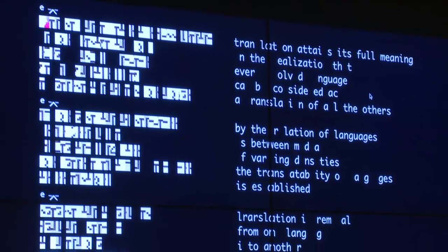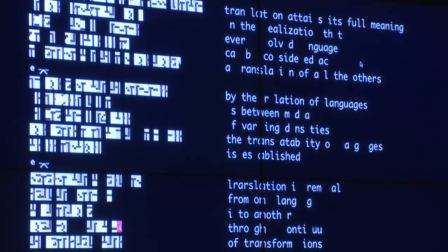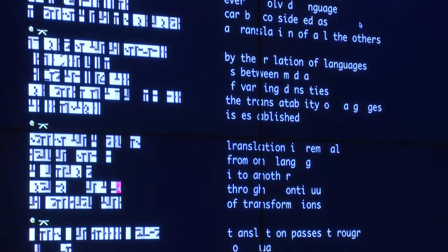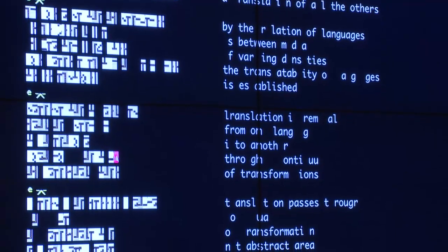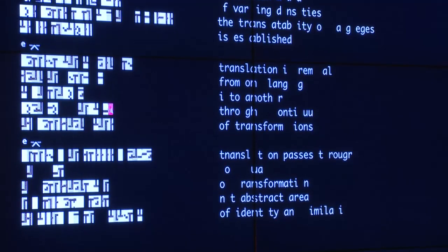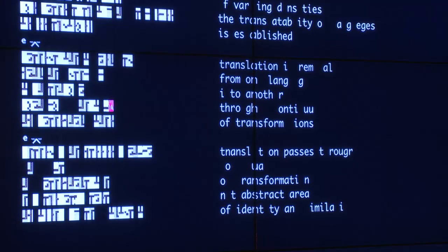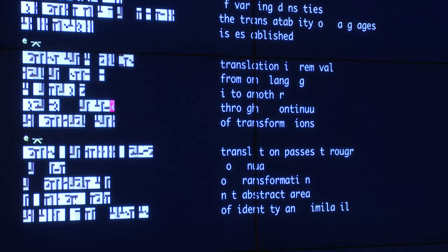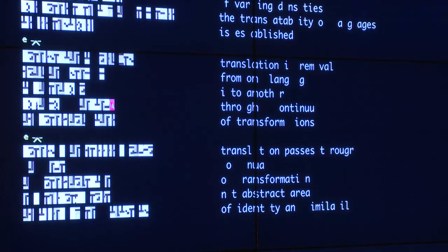It was working. It's okay. You're just getting a taste of it. I've brought it up to the surface again, so you can see what the text is.